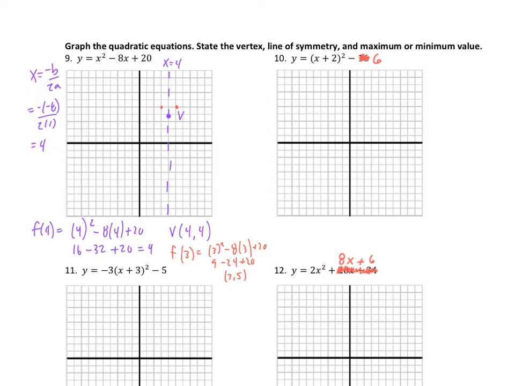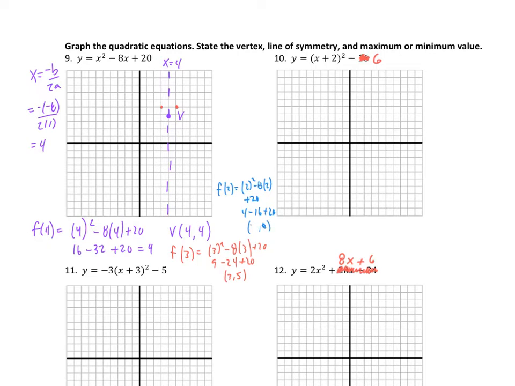Not much space in this problem, but oh well. Let's see, and then I'm going to go find 2, so I found 4 already, I found 3 already, I'm going to find 2. So 2 squared minus 8 times 2 plus 20. So 4 minus 16 plus 20. 4 minus 16 would be negative 12 plus 20 would be 8. So plugged in 2, got 8 as my answer.